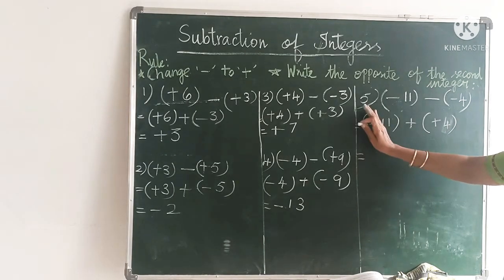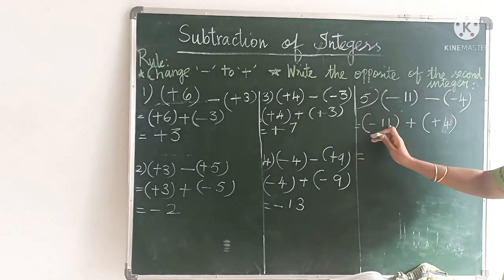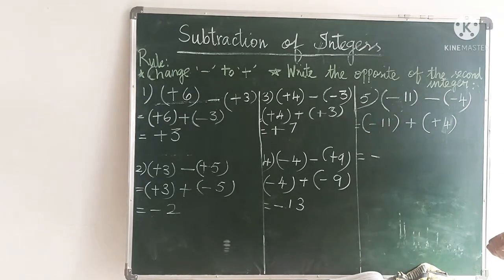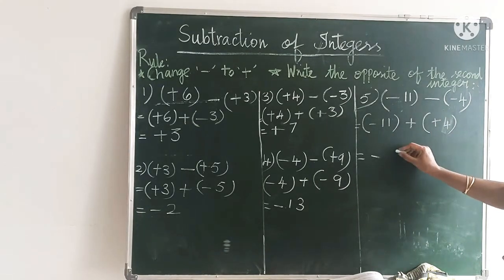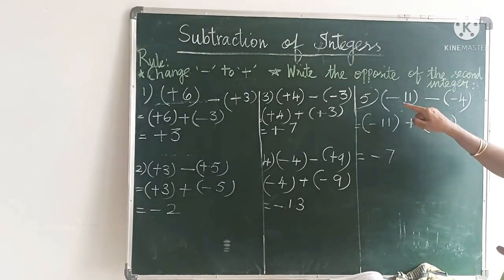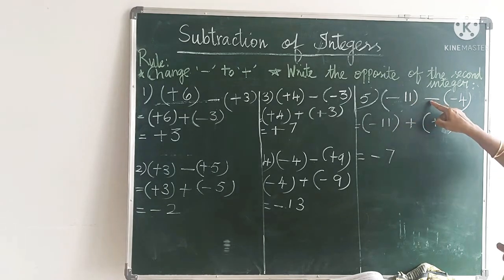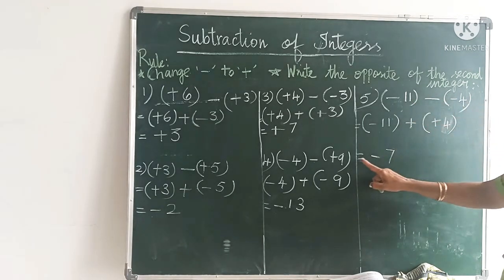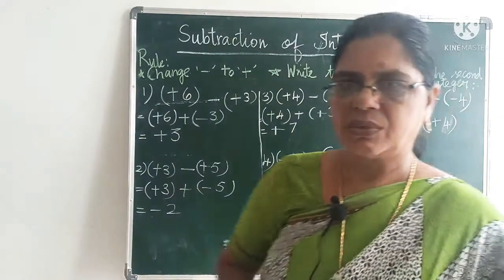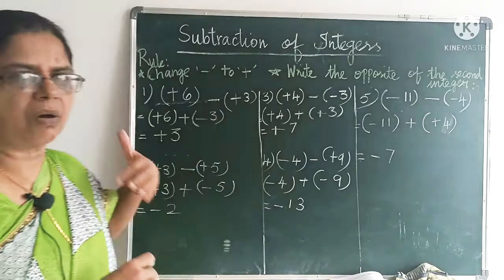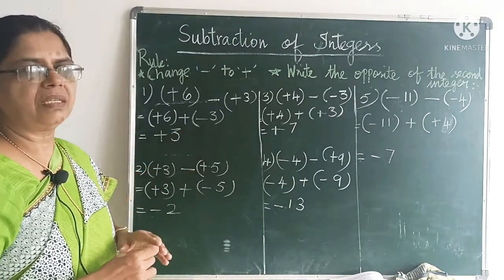So, put the sign of the bigger number. The bigger number 11 has minus sign, so put minus and then find out the difference. The difference between 11 and 4 is 7. So minus 11 minus minus 4 is equal to minus 7. Have you understood, children? Now let us solve some more sums in this pattern.